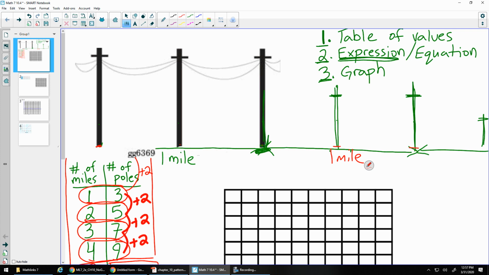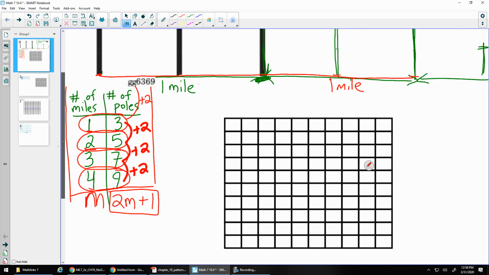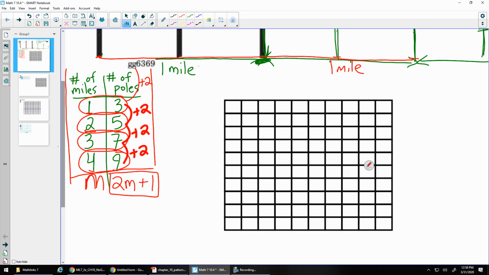But it's how long of an area that I need that's going to determine how many telephone poles I need. So the miles, if this makes sense, they're not changed. It's the number of poles that you need per miles that changes. So that is dependent on the other one. So the dependent variable is always y. So x always goes first.